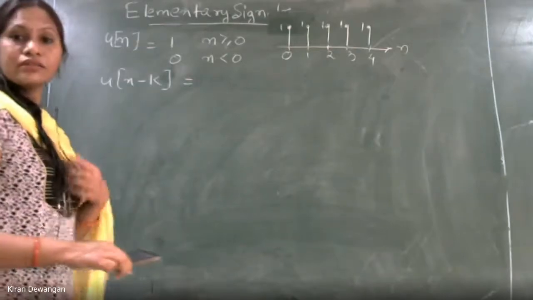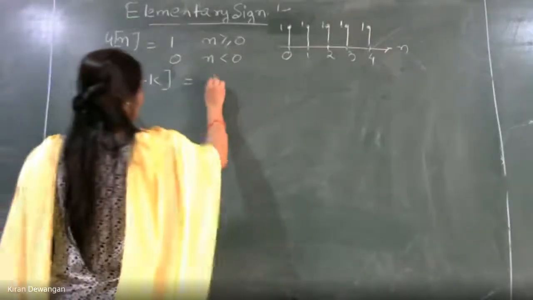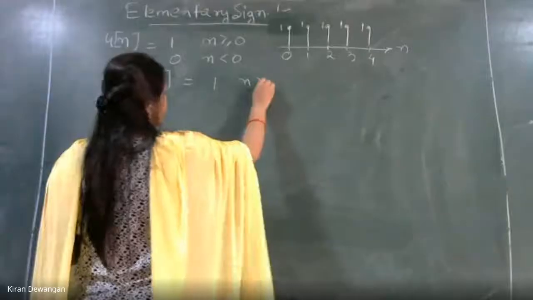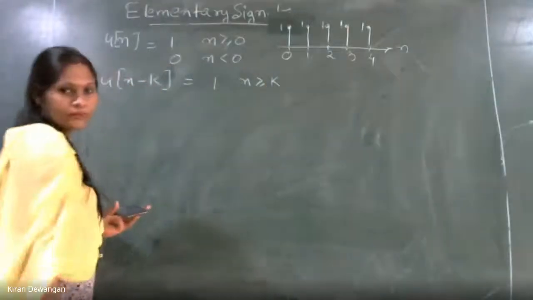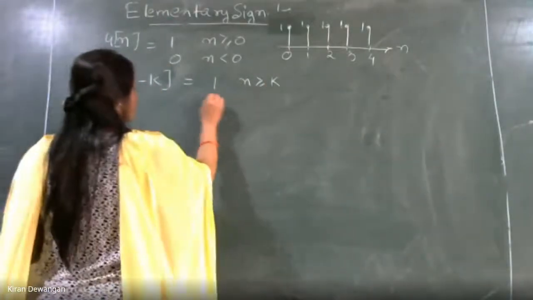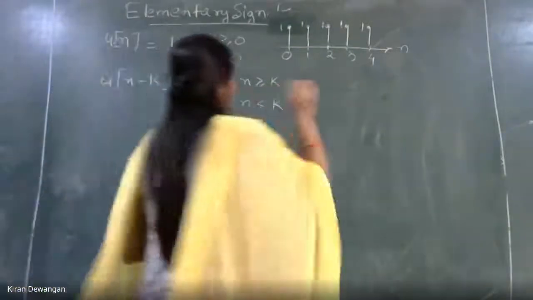कैसे shift होगा? It will be 1 for n greater than or equal to k. ठीक है? And it is 0 for n less than k. ठीक है?